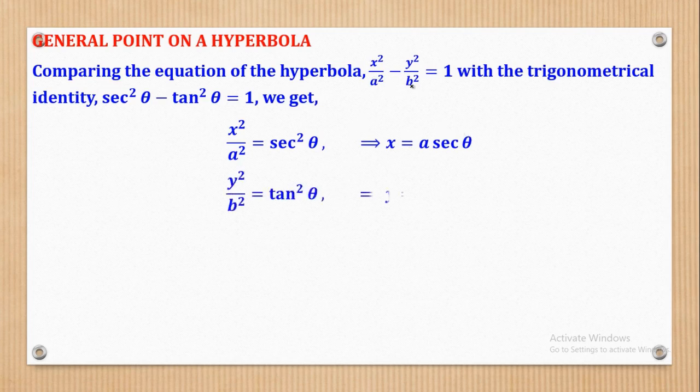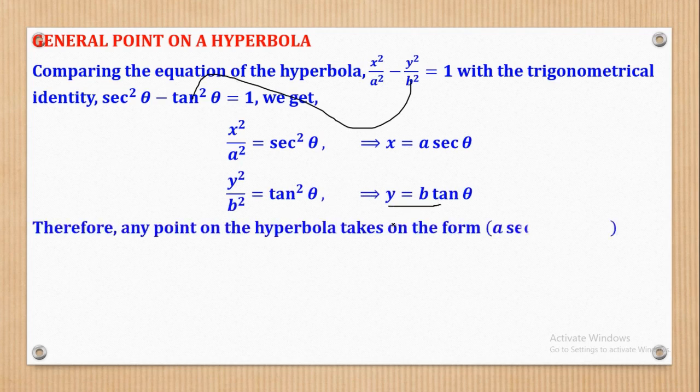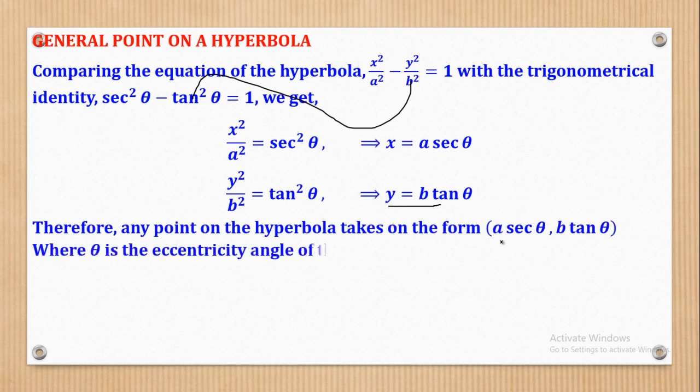Then also the whole of this will be equal to this, therefore y is equal to b tan theta. Therefore the general point on the hyperbola is given by a sec theta, b tan theta. The good thing, this general point is also available in your mathematical logbook. Now this theta is what we call the eccentric angle.